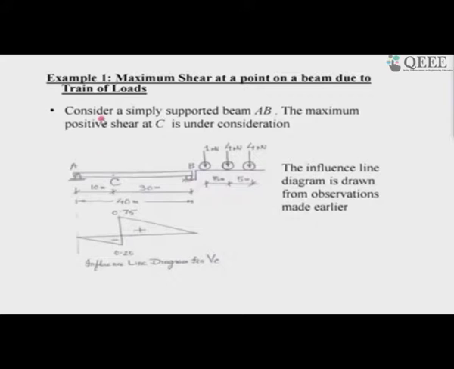So, if the question is the maximum positive shear at C, one thing is clear, that I am going to put one of the loads at least just immediately to the right of it to have the maximum effect.